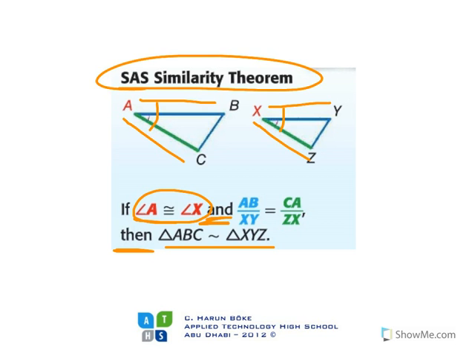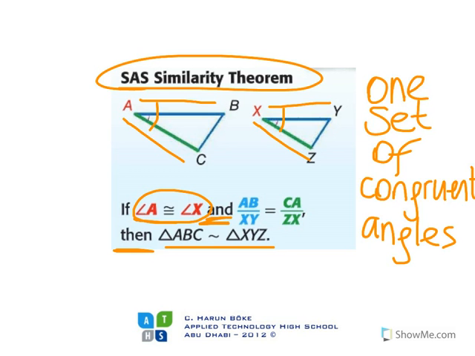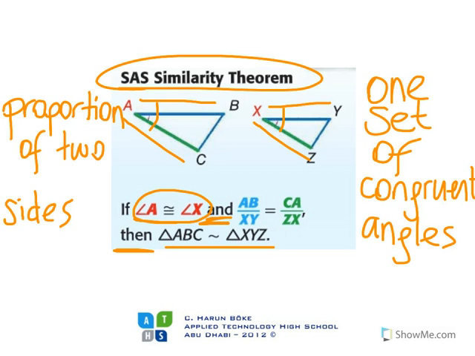So all you have to find out is one set of congruent angles and proportion of two sides, two corresponding sides to be precise. Then you can show that these two triangles are similar by SAS similarity.